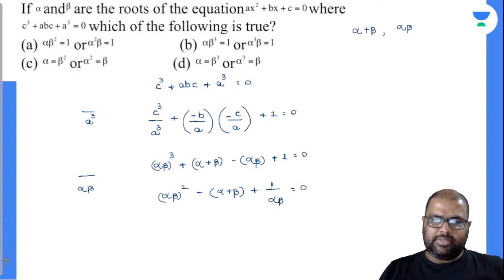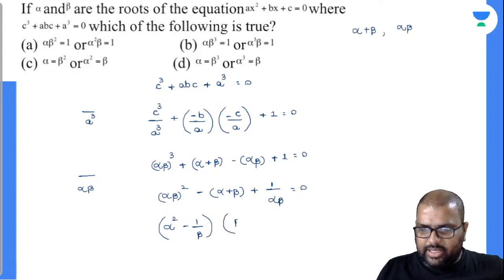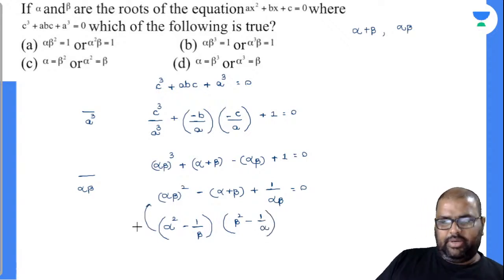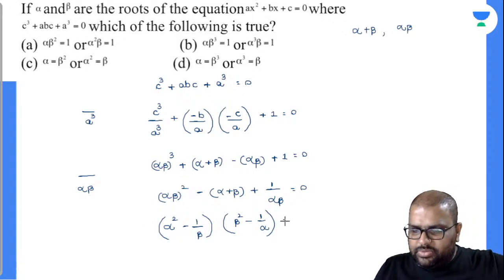Now closely observe there, I can convert this equation like this, right? Alpha square minus 1 by beta. So this is exactly in the format of a quadratic equation only here. Beta square minus 1 by alpha. You multiply these two equations and you will get the same answer here. And you need not worry, right? We are perfectly right. Is equal to 0.